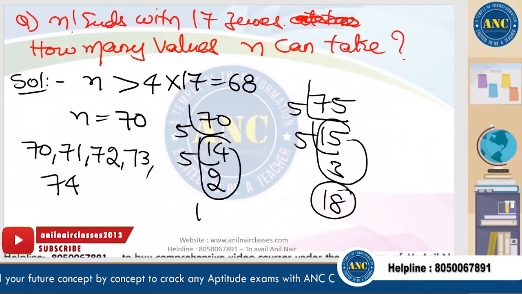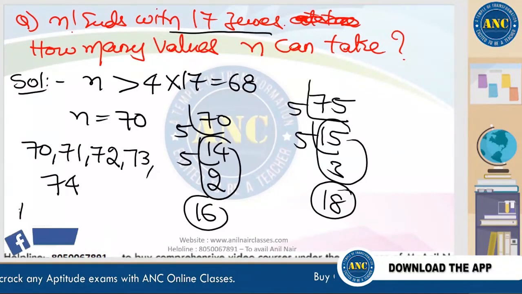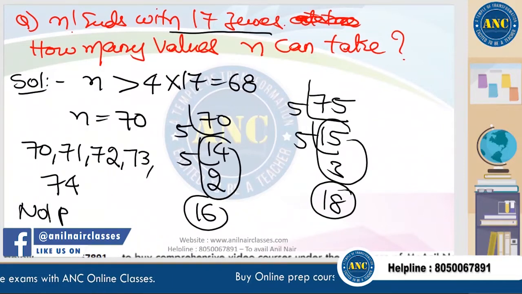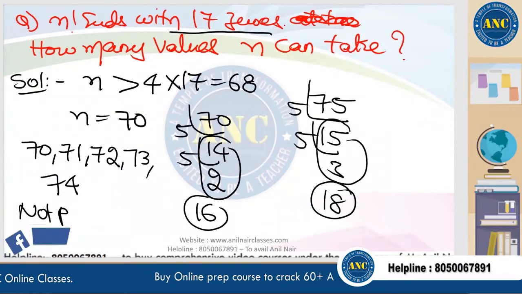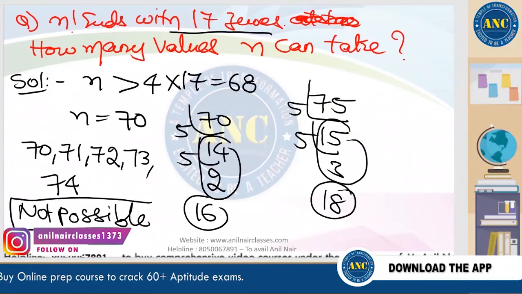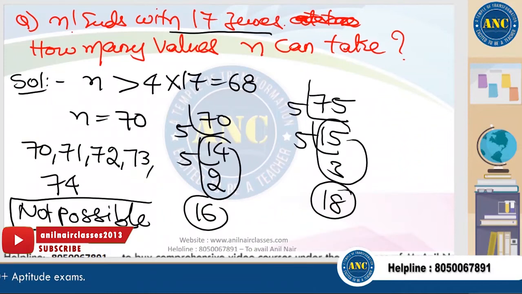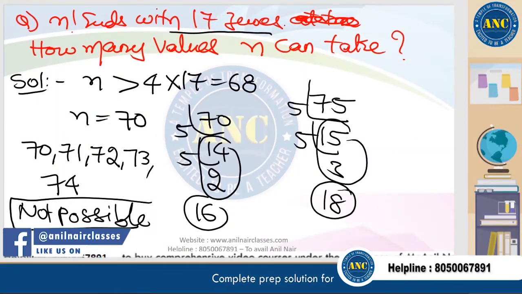Here I got 16, here I got 18, but the question is 17. Answer is not possible. No value of n will give you 17 zeros at the end.